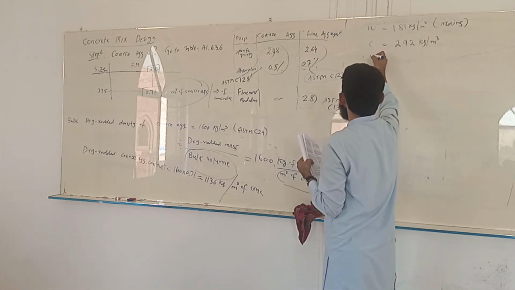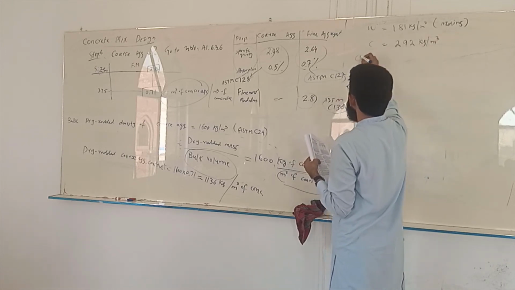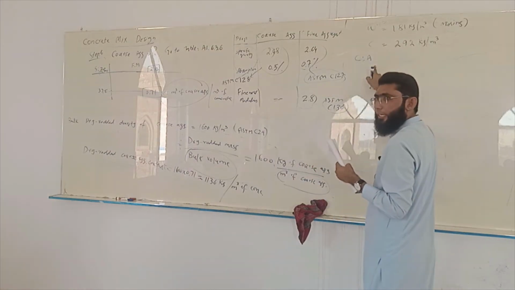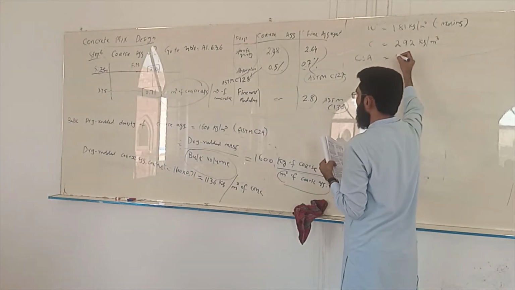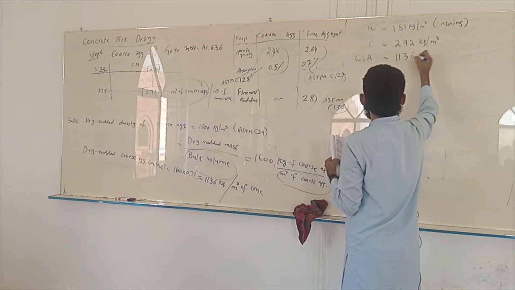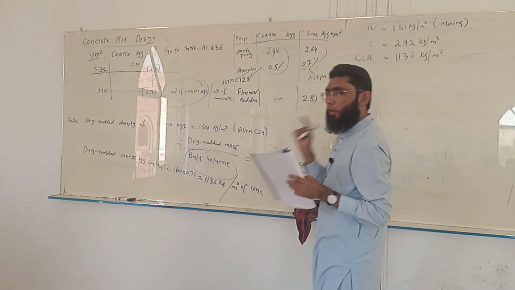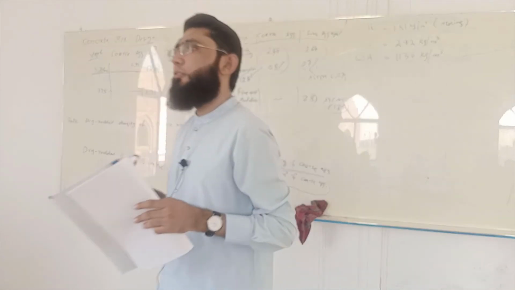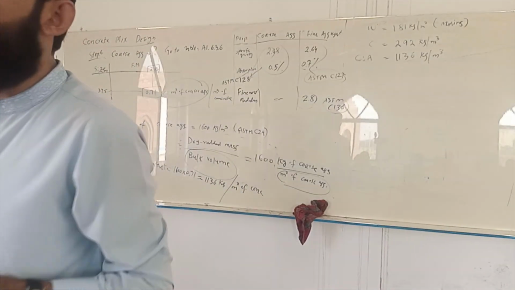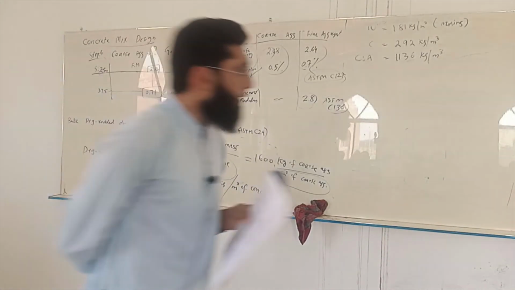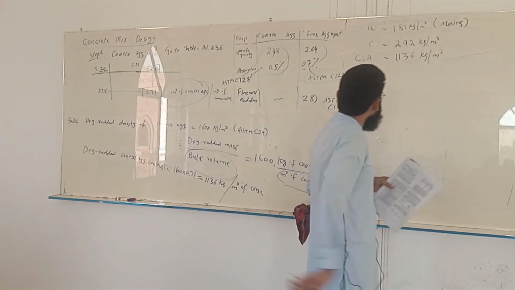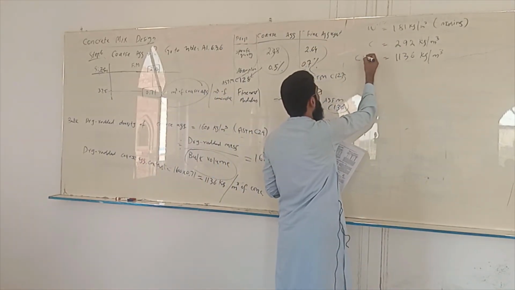And what else? Coarse aggregate. I'm writing CA for coarse aggregate. 1136 kg per meter cube. In all these terms, per meter cube means per meter cube of concrete. So these are the quantities for every meter cube of concrete.